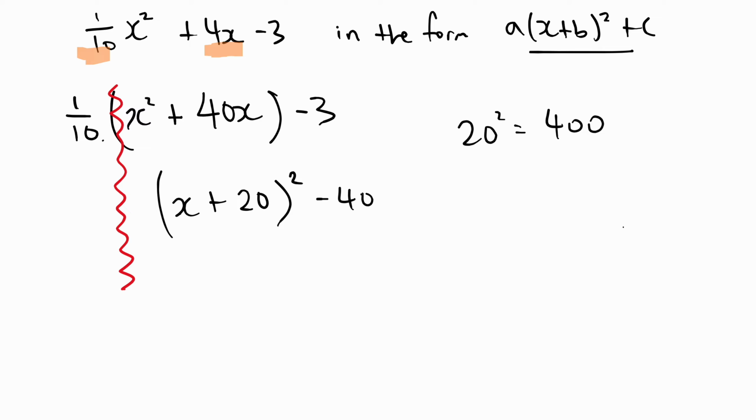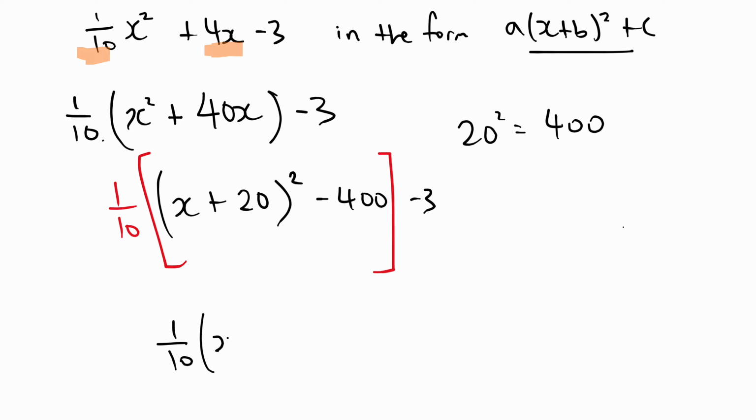Remember, always a minus 400, and then the minus 3 carries on. Remember, don't be tempted to do 403 to simplify like that, because remember, this is still part of the 1 over 10. So once we get our 1 over 10 back, this applies to this entire section, giving us 1 over 10 (x plus 20) squared minus 400 times 1 over 10.